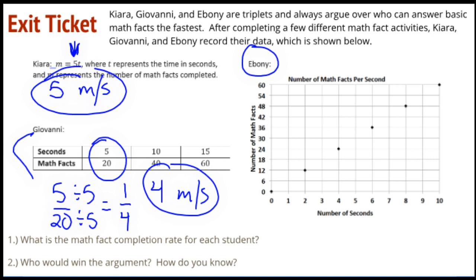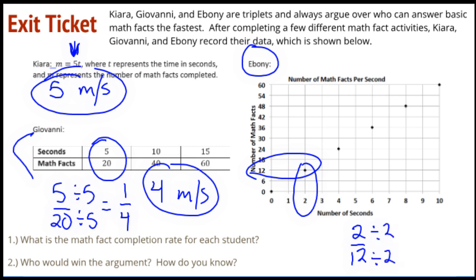And here I've got 2 seconds, and that equates to 12 math facts. So I've got a 2 to 12 ratio, and I would scale that down, and I would have 6 math facts per second. So the person who's winning the argument here is Ebony. Ebony is completing 6 math facts every second, while Chiara and Giovanni are both completing less than that.